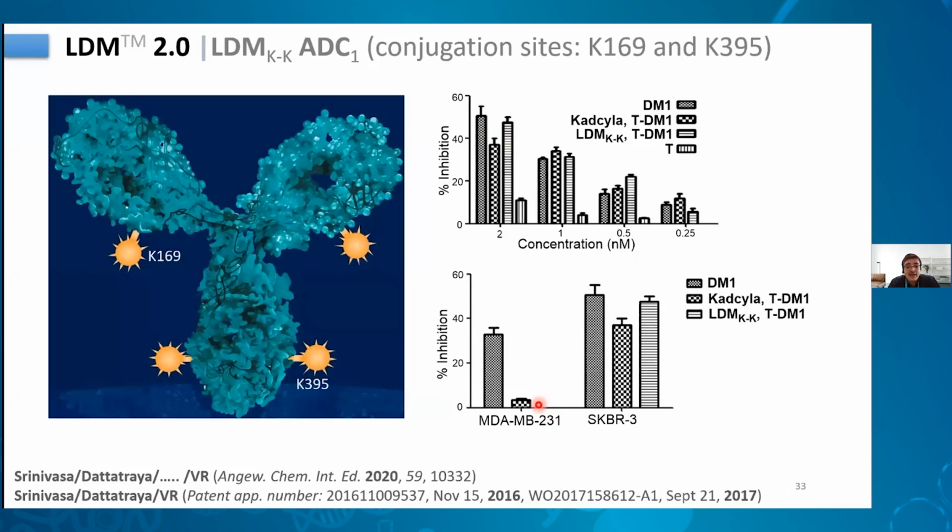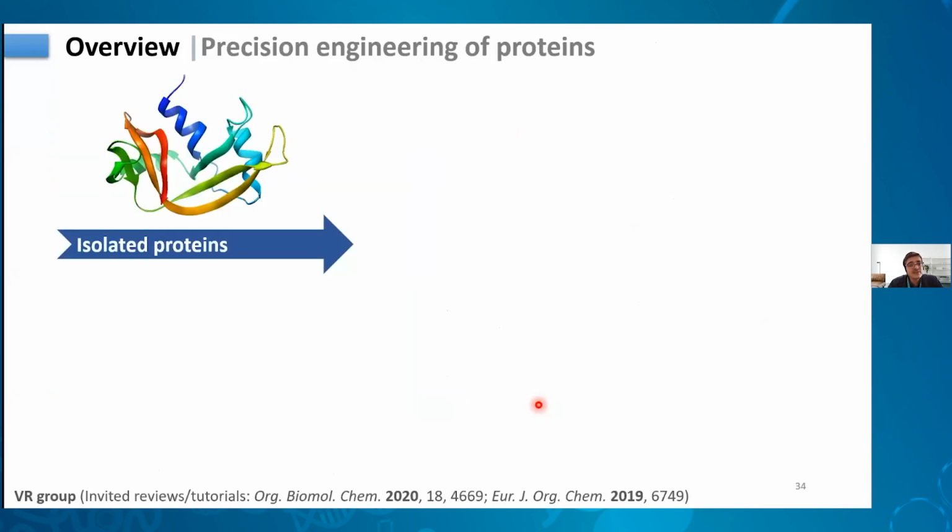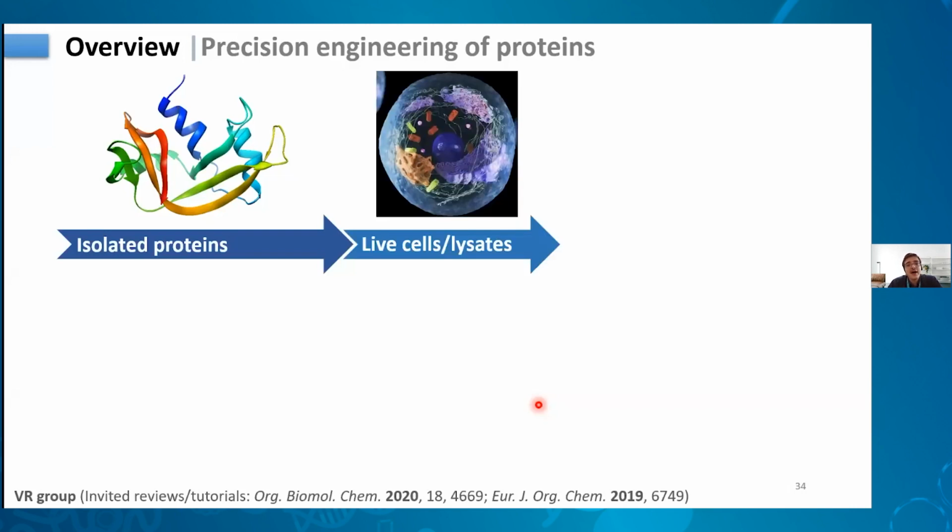So with this, I hope I was able to convince you that chemoselectivity, site-selectivity, residue specificity, and modularity provide a pretty comprehensive technological platform for precision engineering of proteins. And for the last year or so, some of our group members are looking into how we can translate that into live cells.